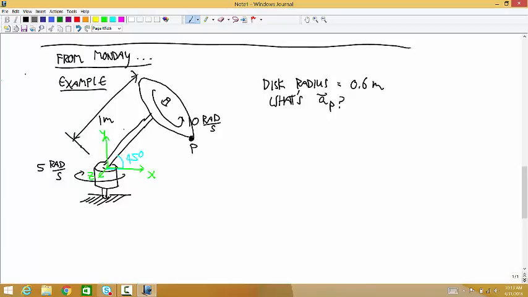There's no way to do this problem if that coordinate system isn't rotating with the horse. So yes, this coordinate system is rotating. So that coordinate system rotates at 5 radians per second about the negative y-axis.